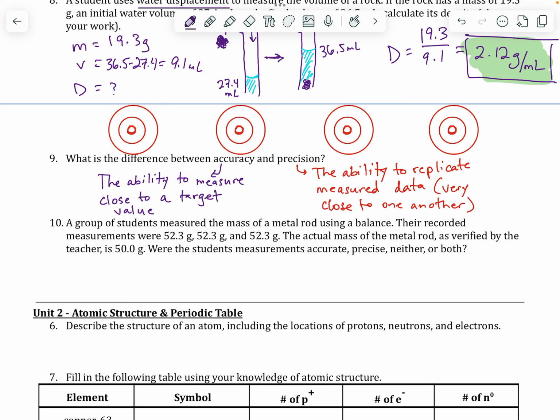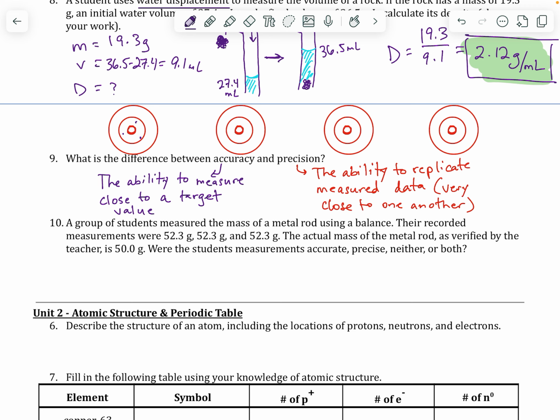So here's our target. Now, ideally, in a dartboard, we talk about it in terms of measurements, but to visualize this, the goal or the target is the middle, right? And so if you have things that are around the target, well, that means you're pretty accurate, right?